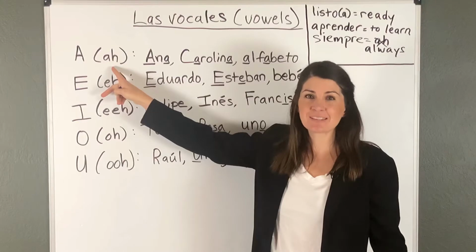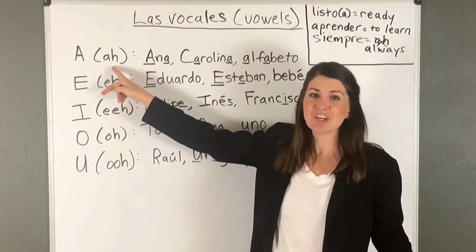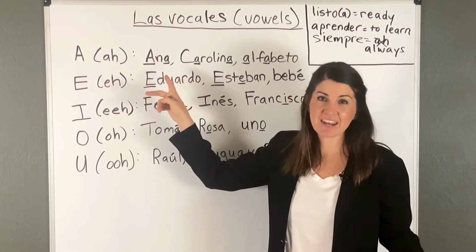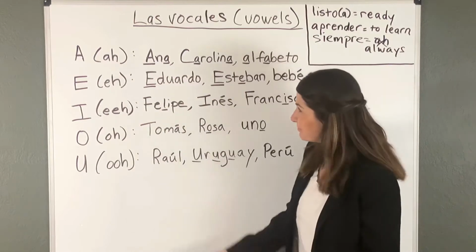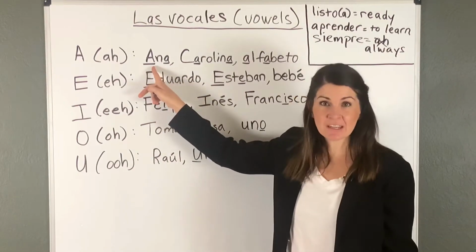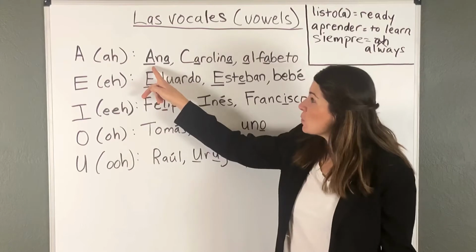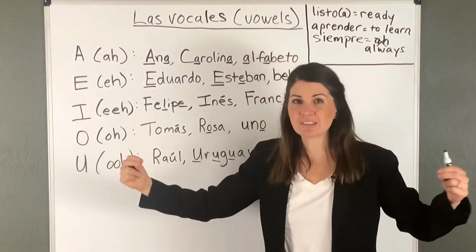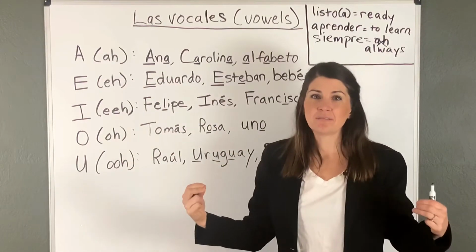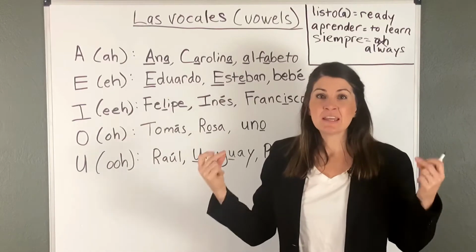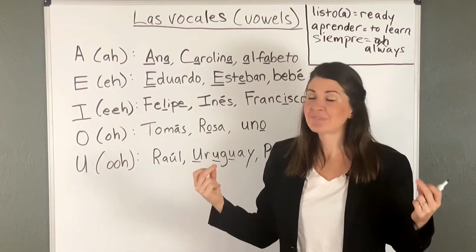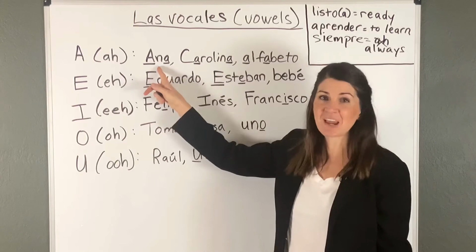So in many ways, this is a much easier language to study the pronunciation of in comparison to other languages. In addition, in English, we have different durations of syllables when we say vowels. In Spanish, it's always the same. So let me give you an example, and we'll just stay right here with this word.